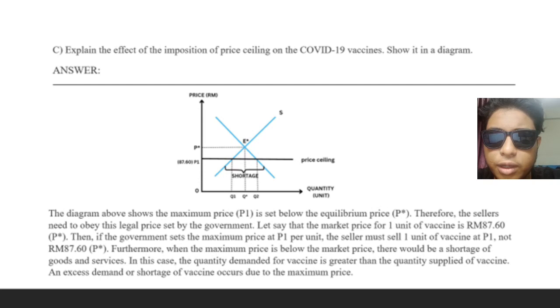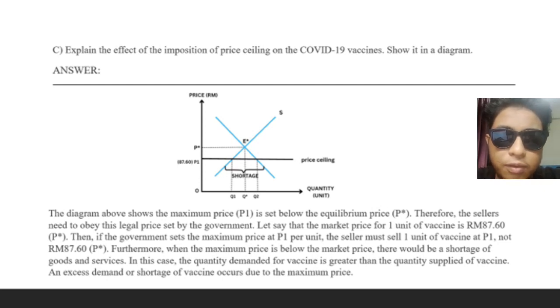Next, question C. Explain the effect of the imposition of a price ceiling on the COVID-19 vaccines. Show it in the diagram. So the answer, as we can see, the diagram shows the maximum price, which is set by the government, is below the equilibrium price. So the seller must obey this legal price that is set by the government.